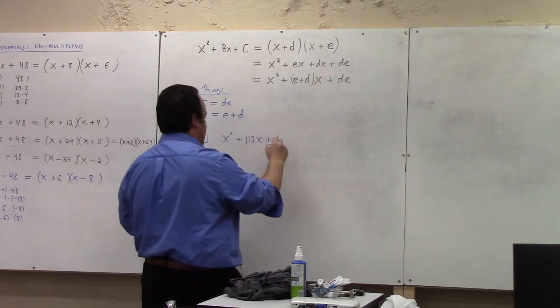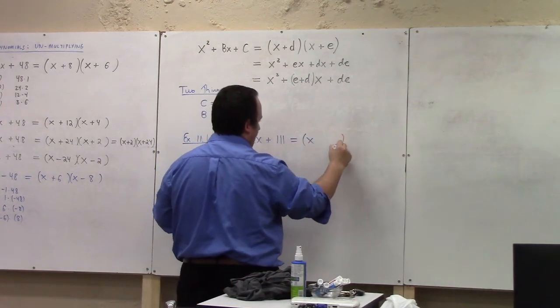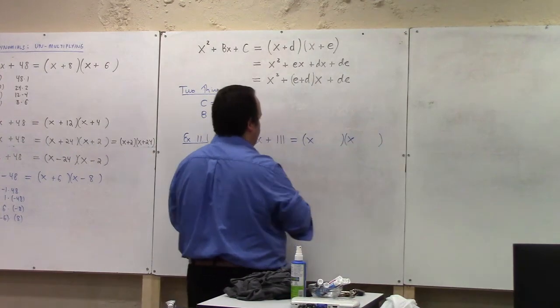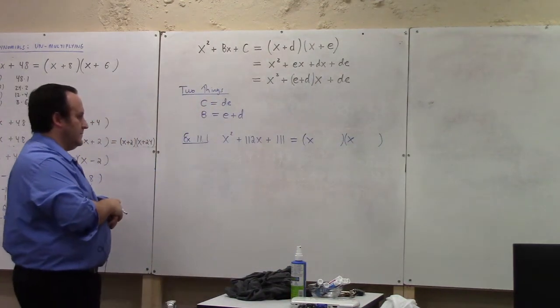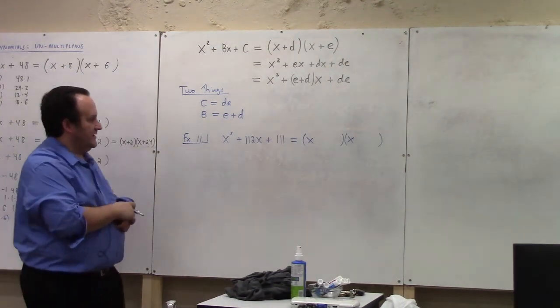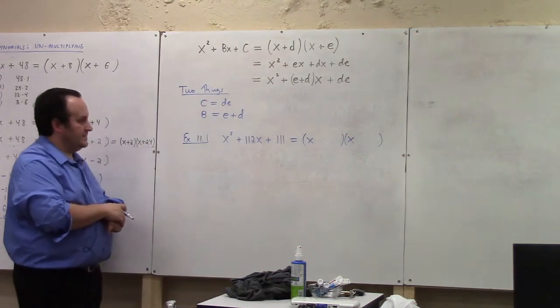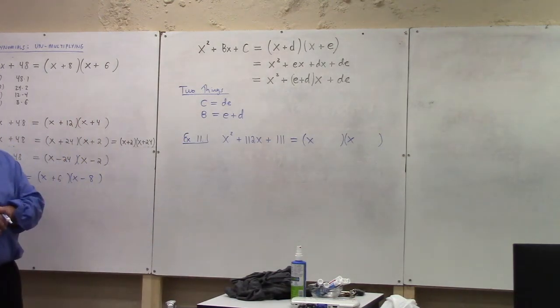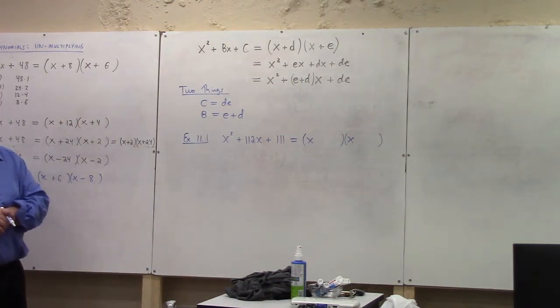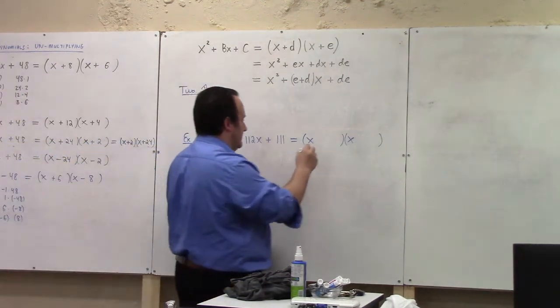But let's say 111. So I need to think of like what's my E and what's my D here, so to speak, 111 and 1, right.